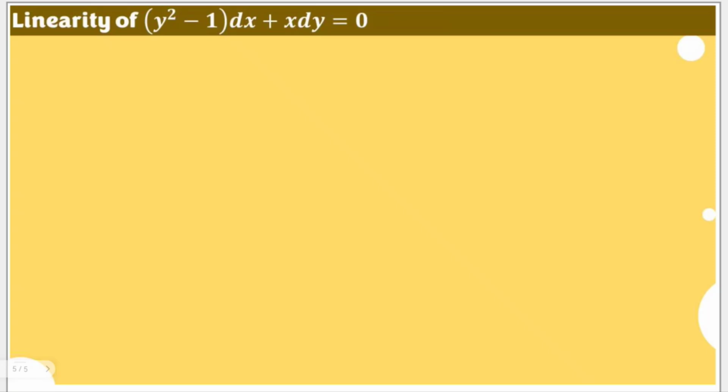But of course, when we talk about linearity, it should follow a certain general form.